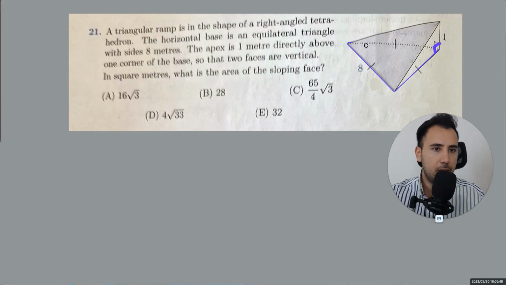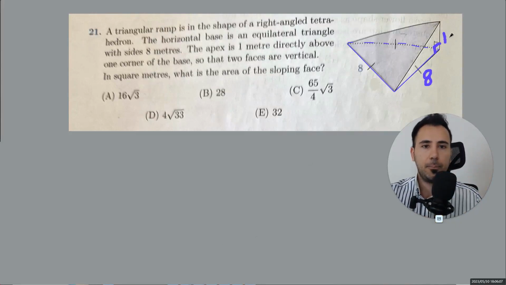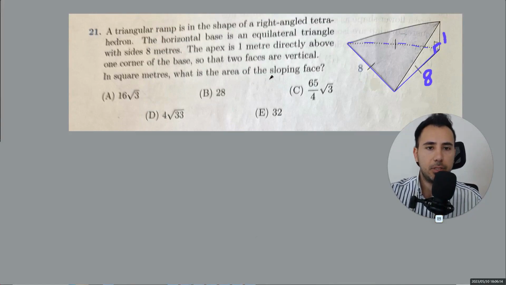And this dotted line behind it is also 8. The apex here is 1 meter directly above one corner of the base so that the two faces are vertical. In square meters, what is the area of the sloping face? Okay, so we are trying to find this area.